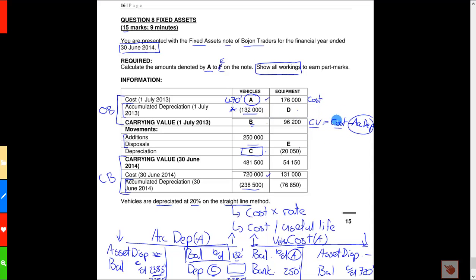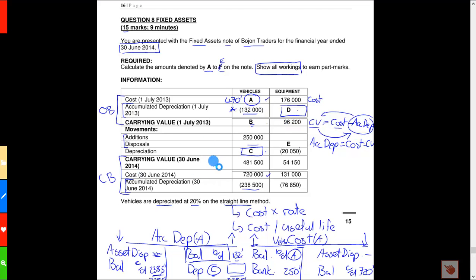So carrying value equals cost minus accumulated depreciation. Accumulated depreciation is the figure that we need here. If we get that on its own, we add that to that side and we take the carrying value to this side, then we're left with accumulated depreciation is cost minus carrying value.